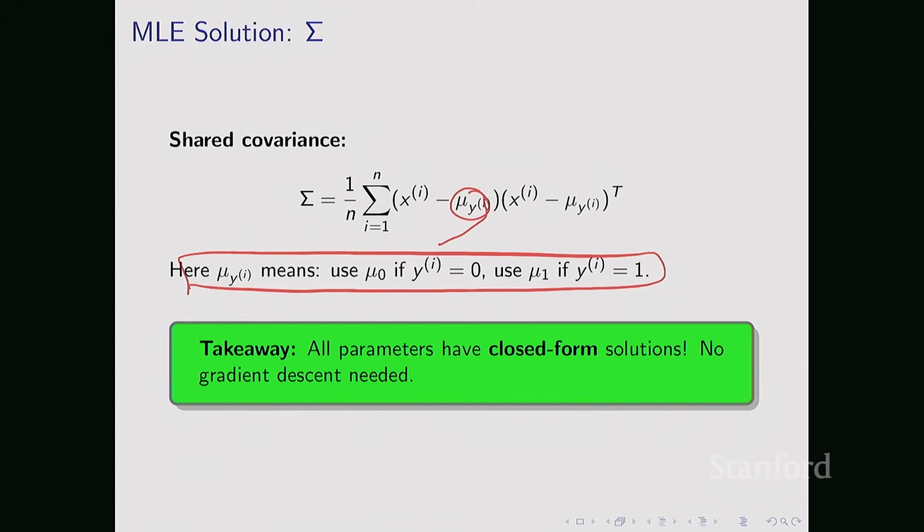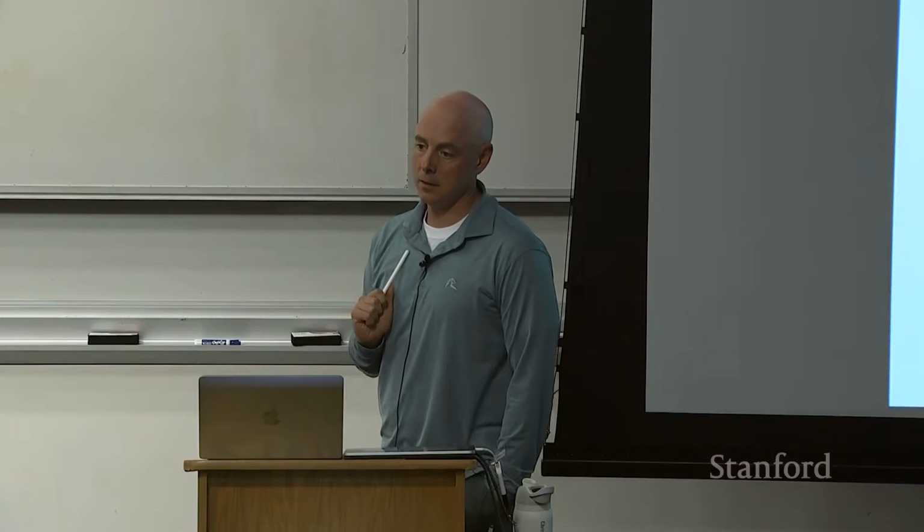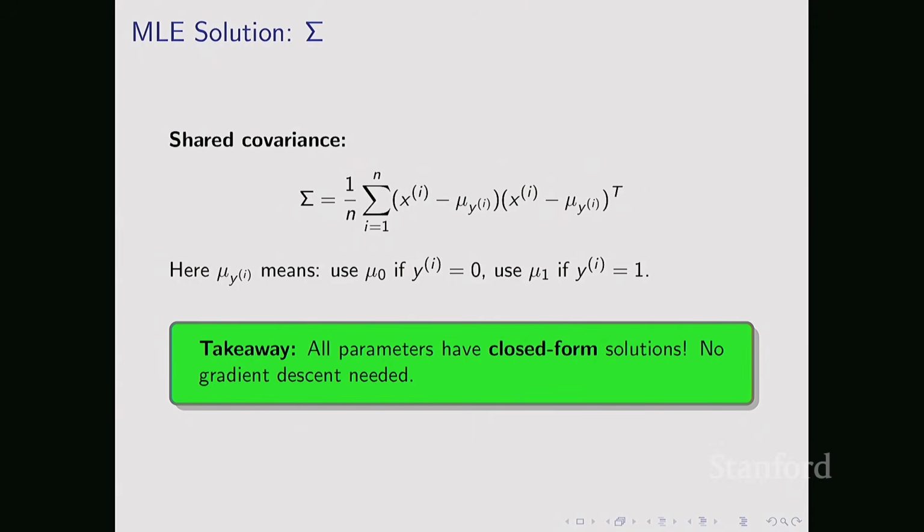For the estimated covariance, you're assuming that... For right now, we're going to assume that we have access to the means, because we computed them on the last slide. There's no circularity. So the question is, are we assuming we have the means because we estimated them on the last slide?